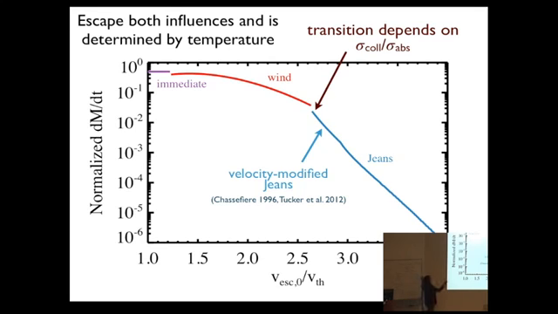The only thing I have to pick is the ratio between the collisional cross-section in the atmosphere and the absorption cross-section for the high-energy photons. And that tells you where you transition from a wind to Jeans escape. That tells you where you're depositing your energy, how high your atmosphere stays collisional before things start becoming kinetic. That's the only parameter. So we can write down this single curve, and then I'll just show you what we can do with it.